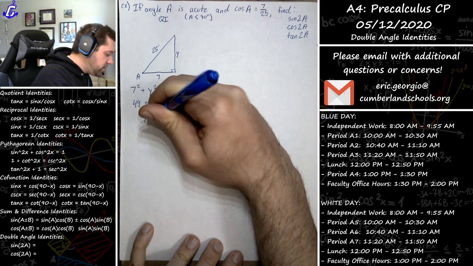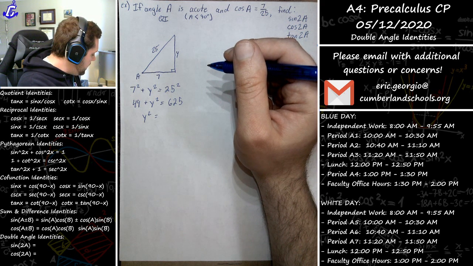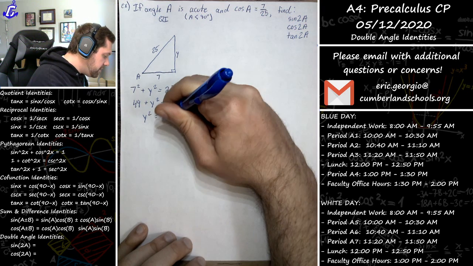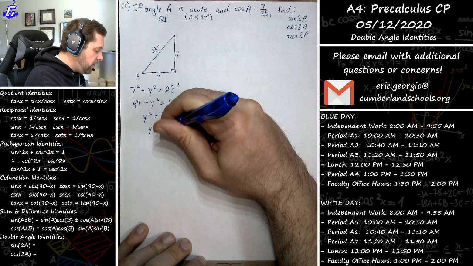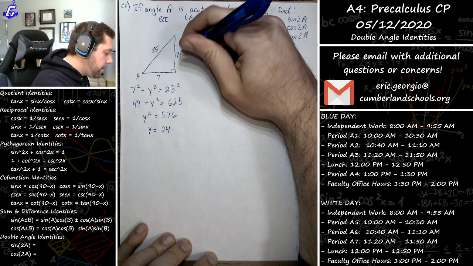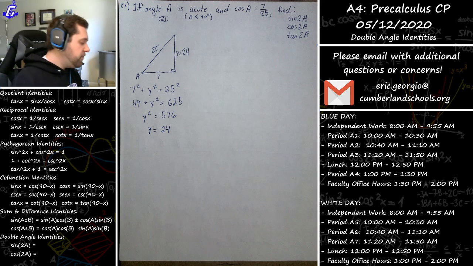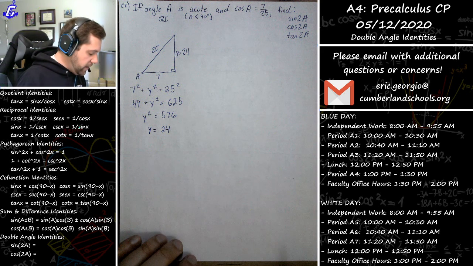Subtracting 49 from both sides, I get y squared is equal to 576. And then take the square root of both sides, and you get that y is 24. So it works out to a nice number. That was just to find the third side, the missing side of that right triangle.